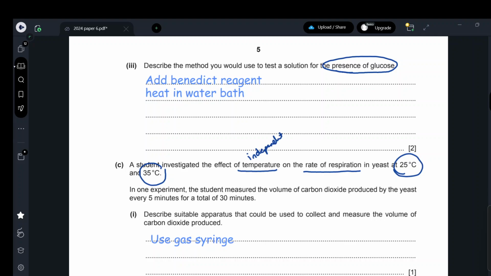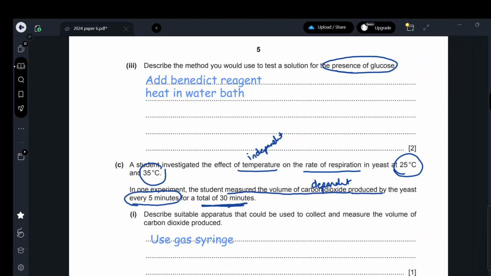And I'm going to check the rate of respiration at these two temperatures, 25 degrees, 35 degrees. How am I going to measure my results? What is my dependent variable? Dependent: I'm going to measure the volume of carbon dioxide produced by the yeast every 5 minutes for 30 minutes. This is my dependent variable here.